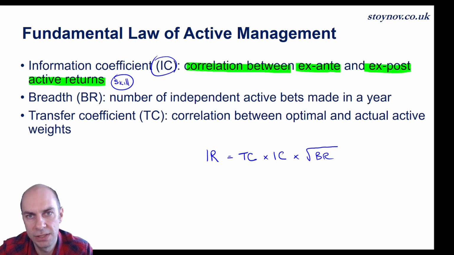So in other words, if the manager predicted a return of 2% and then the active return happened to be 2%, well, we're going to have a perfect correlation between prediction and result. So our information coefficient will be 1.